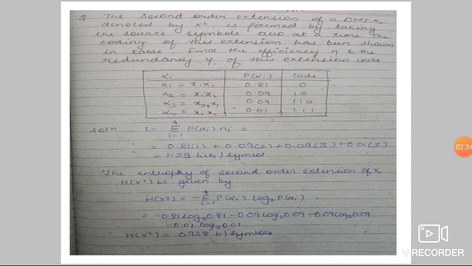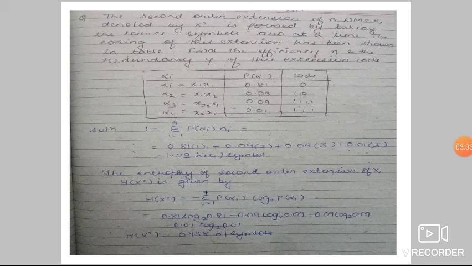So alpha 1 has the probability 0.81 and it has a code 0, and alpha 2 has probability 0.09 and it has a code 10. Alpha 3 has probability 0.09 and it has a code 110, and alpha 4 has a probability 0.01 and it has a code 111.